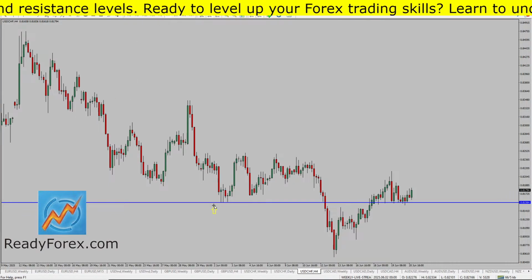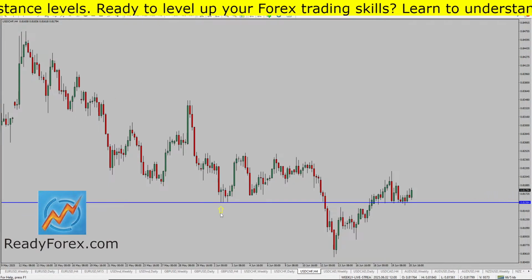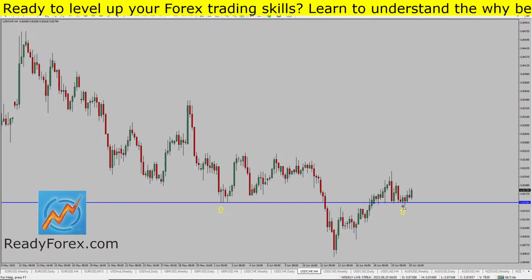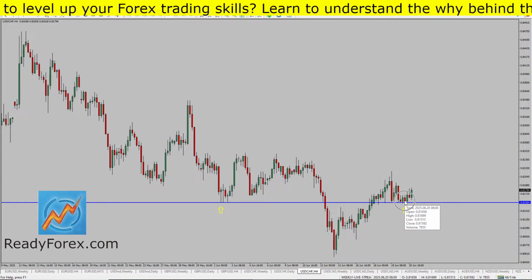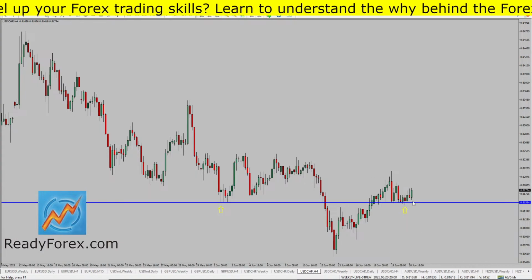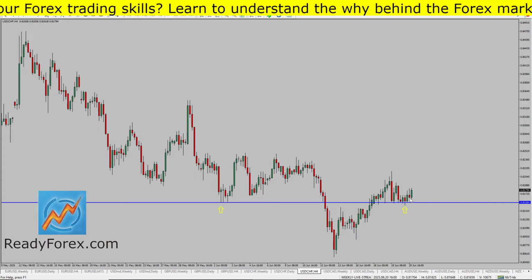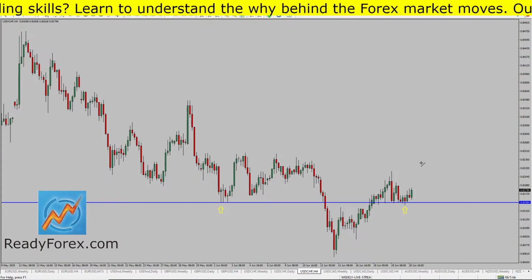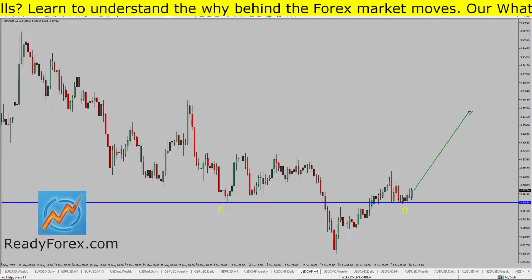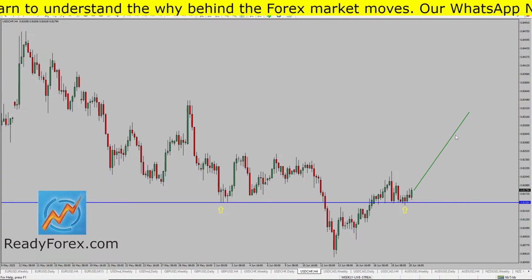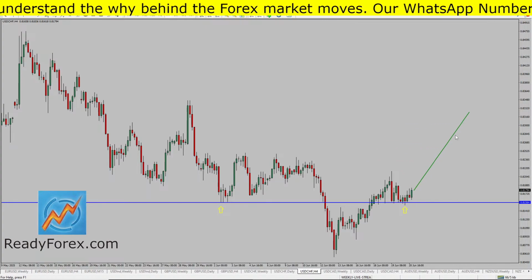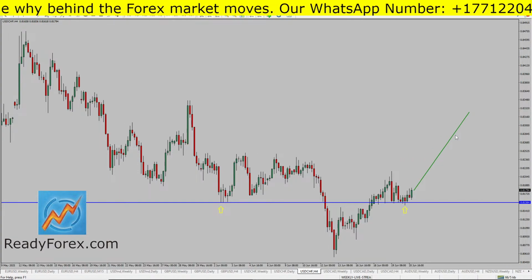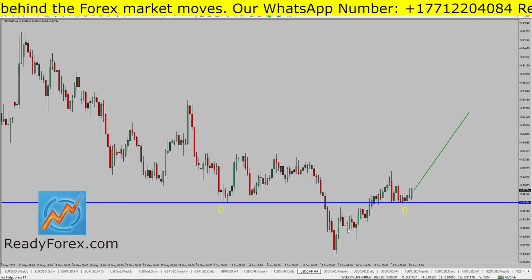Support here, and the same level is providing again a good start for buyers, and they're trying to push the market to the upside. I see this currency pair is most likely going to rise. Okay, so I hope this one looks quite clear.